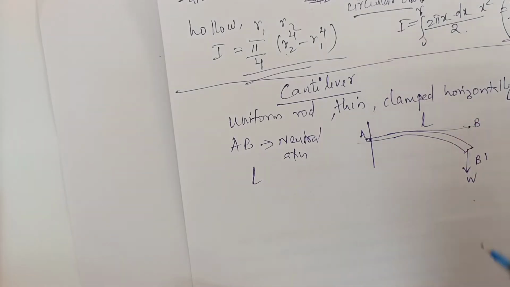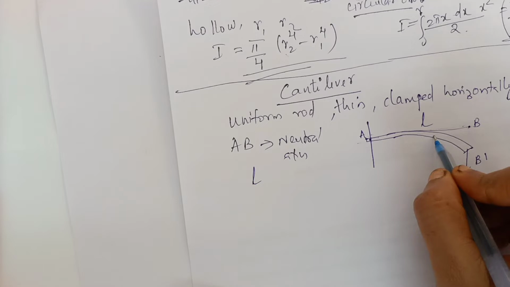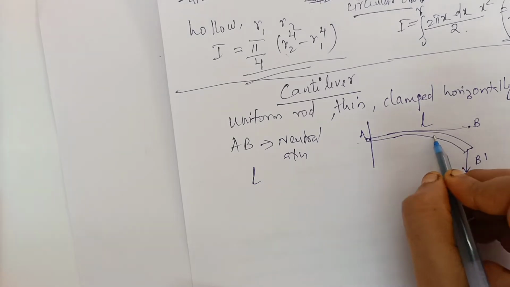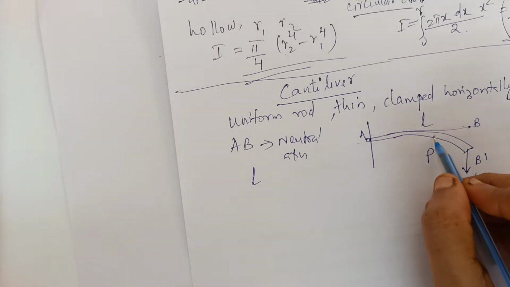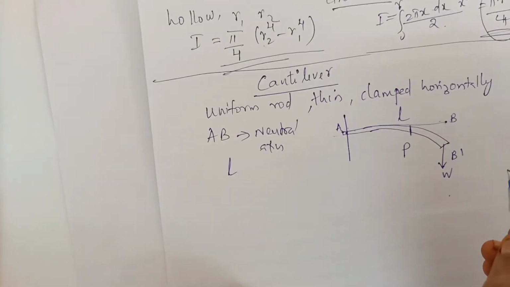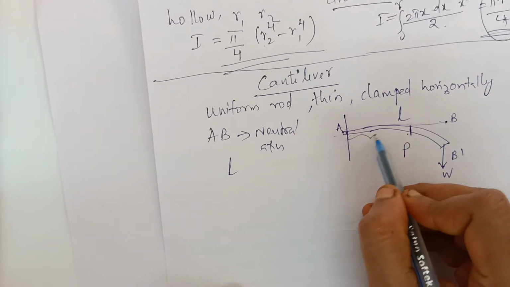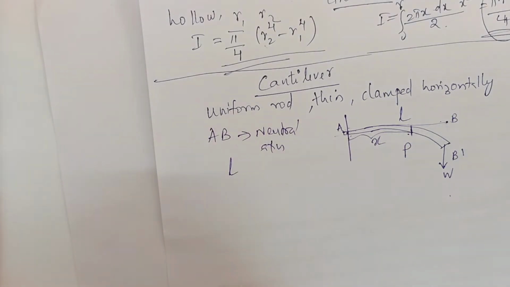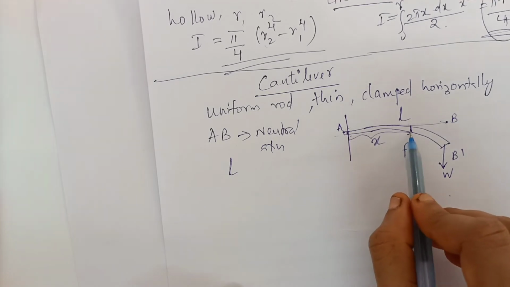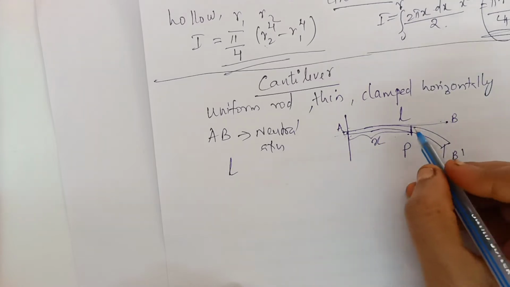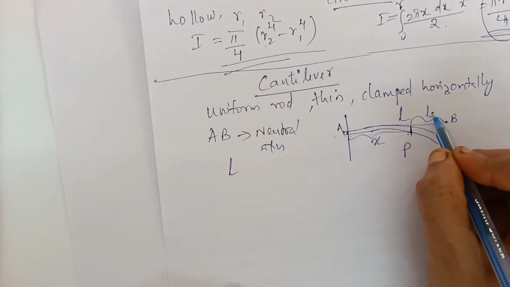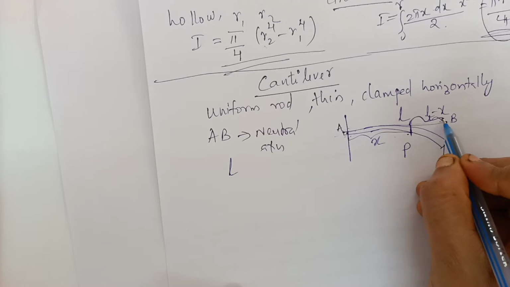Now we are going to consider a new section at a point P. Let us consider a cross section at P, and let P be at a distance X from the point A. Then if AP is X, what will the remaining part be?